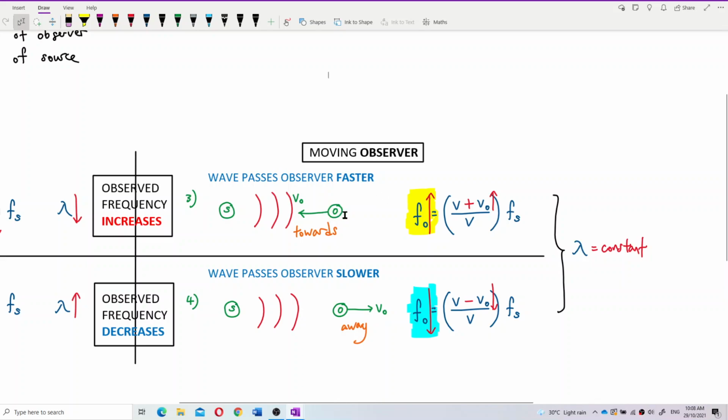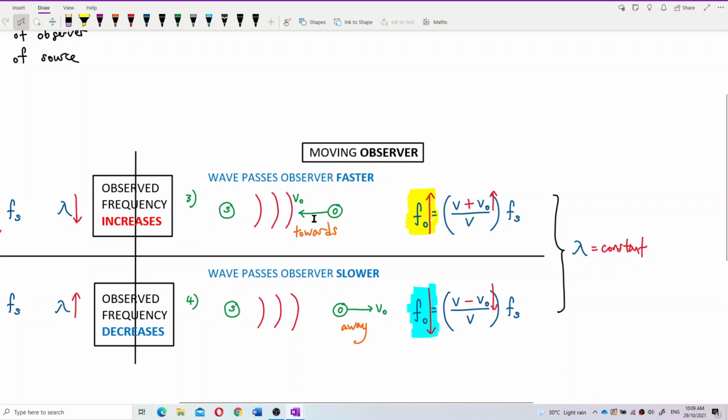Observer is moving towards the incoming sound wave. You understand or not? This sound wave is emitted by the source. Now this sound wave is moving towards the observer, and the observer is moving in the incoming direction, moving in the opposite direction. So surely the wave passes through the observer faster, because the sound wave is moving towards the observer and the observer is also moving towards the sound wave.